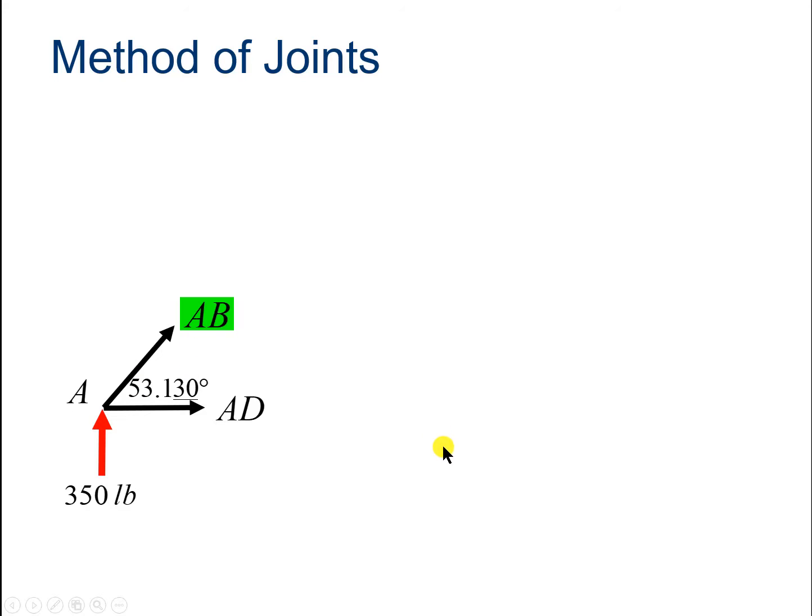Let's take a look at finding AB. Well, we're going to start to use our equations. The sum of the forces in the y direction must equal 0. So what are the forces in the y direction? There is AY right here, and then there's the y component of the force in this member, which we're representing by the vector AB.